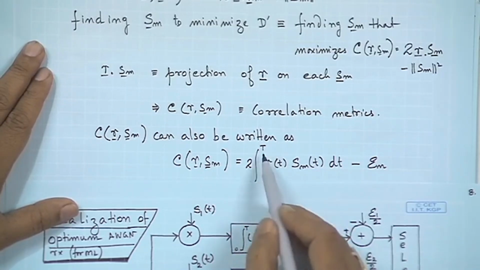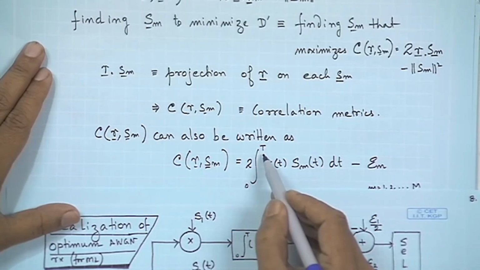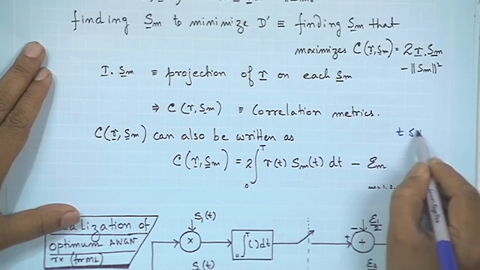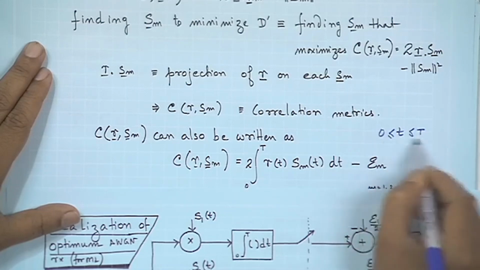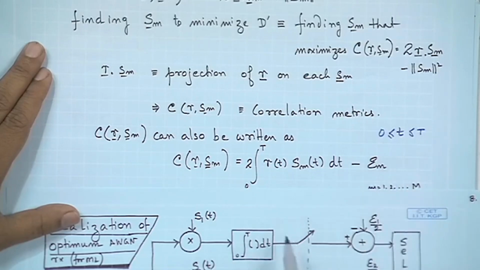Then you sample it at small t equals capital T, because you have to read it up to capital T, because Sm is valid for capital T. Remember, we had always stated that our decision rule is for this interval, and our signal Sm is also valid for this interval, and then I would take away the energy.